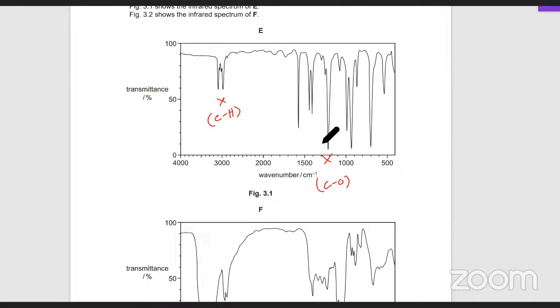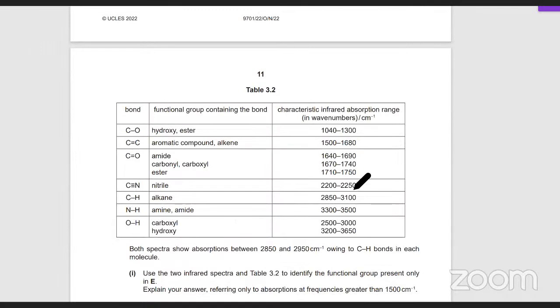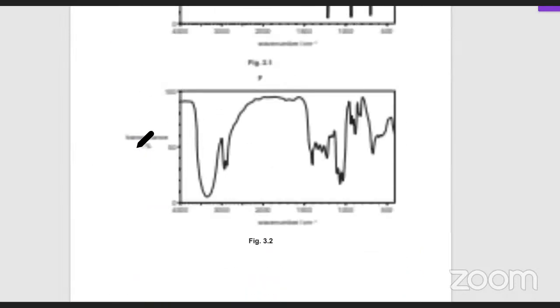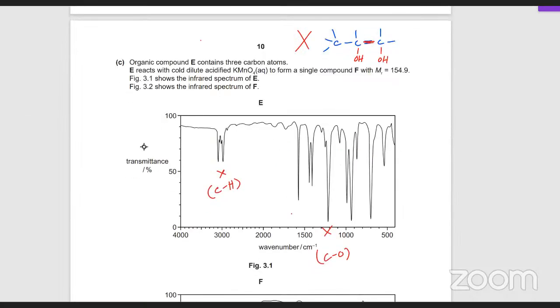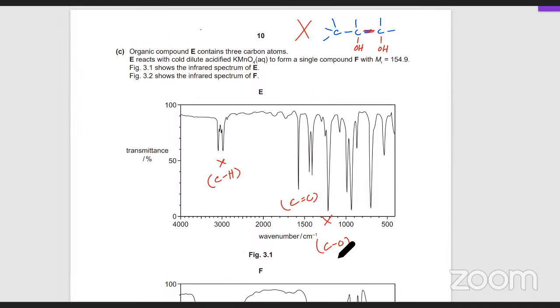There's probably some weak absorption before 1600, so I don't think it's a double bond. Aromatic, alkene double bond. So I guess this is our carbon double bond carbon. We couldn't figure it out; we didn't get a lot of information. So maybe it's got a single bond O. Still no idea.